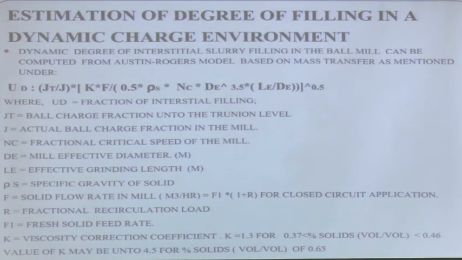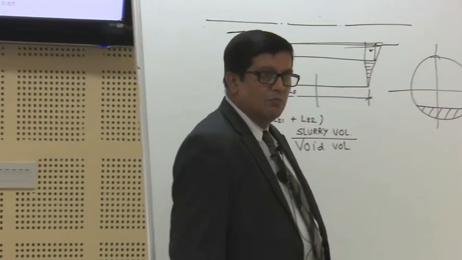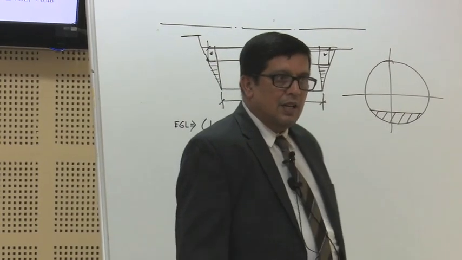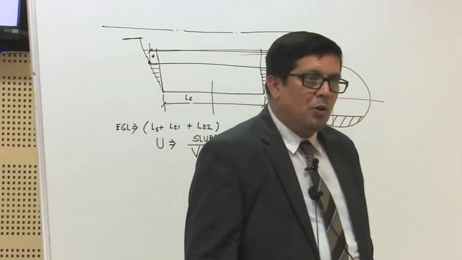Now, it is a very interesting thing, because just now I said the degree of fill U is related to void volume. Suppose you maintain U as 1, and I give you some slurry volume.